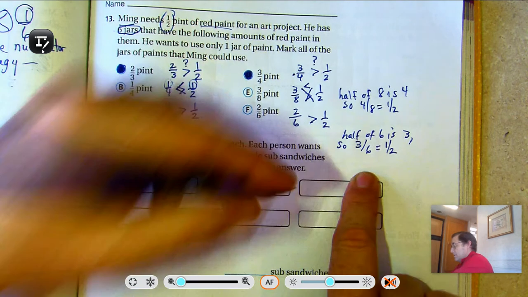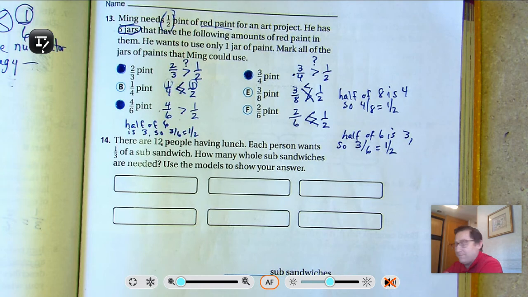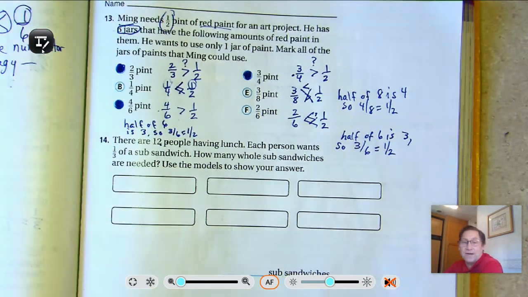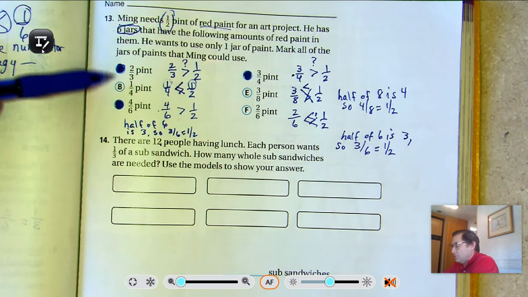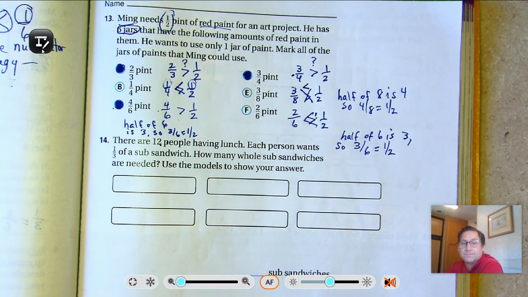No. So 2/6 is actually less than 1/2. So I can't use that one either. So I can use jars A, C, and D because they all have more than half a pint of red paint.